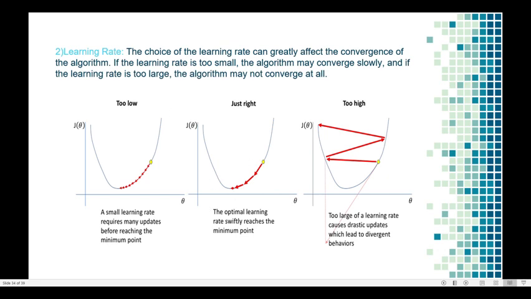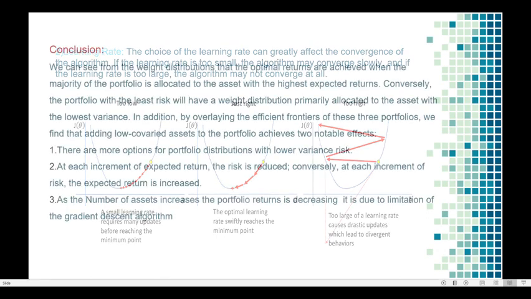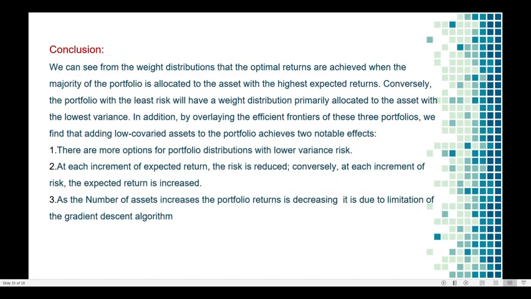Lastly, we can see that the weight distribution for optimal returns is achieved when the majority of the portfolio is allocated to the asset with the highest expected returns. Conversely, the portfolio with the least risk will have a weight distribution primarily allocated to the asset with the lowest variance.